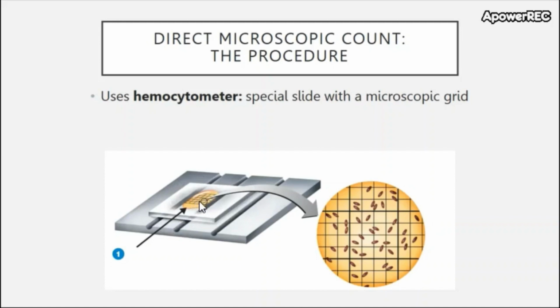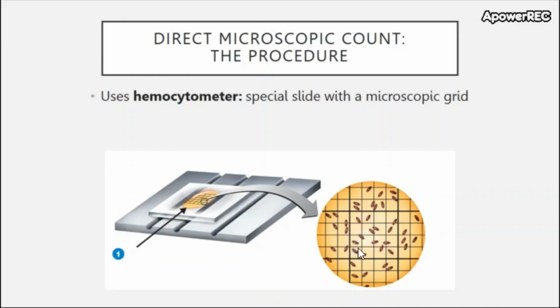So this grid has specific, very precise measurements of these etchings. So there's so much difference from this left line to this right line, so much difference from this bottom line to the top line of this square.